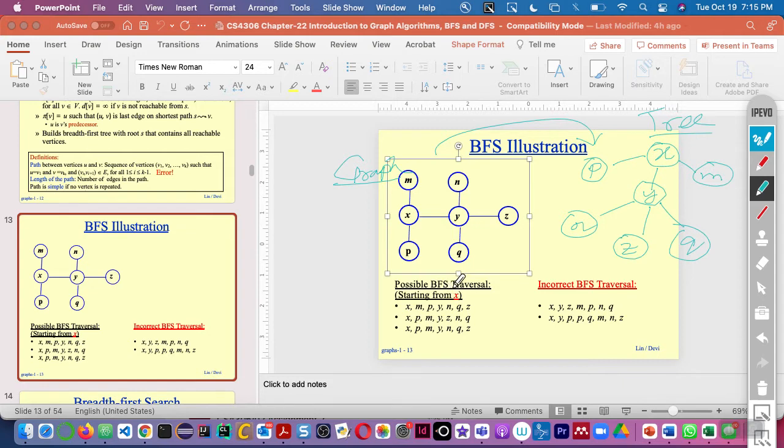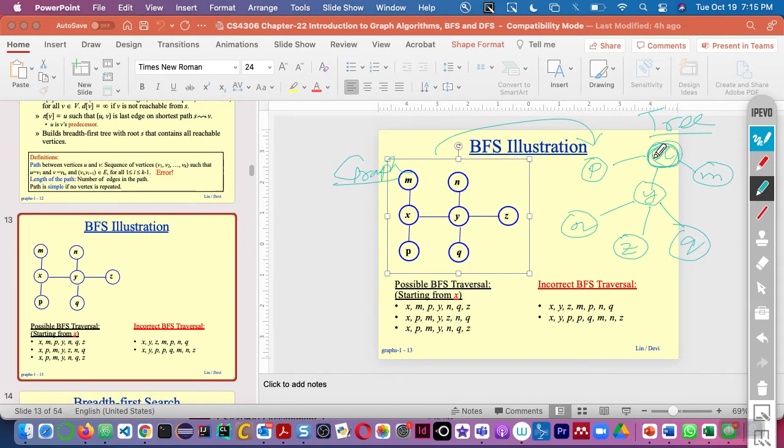Now let us try to understand how we do breadth first search traversal. As we said, there is no root, but we have a starting point, right? Starting point can be anything. It can start from Y. Okay, it can start from X. So if we start from X, then how do we do the breadth first search algorithm?